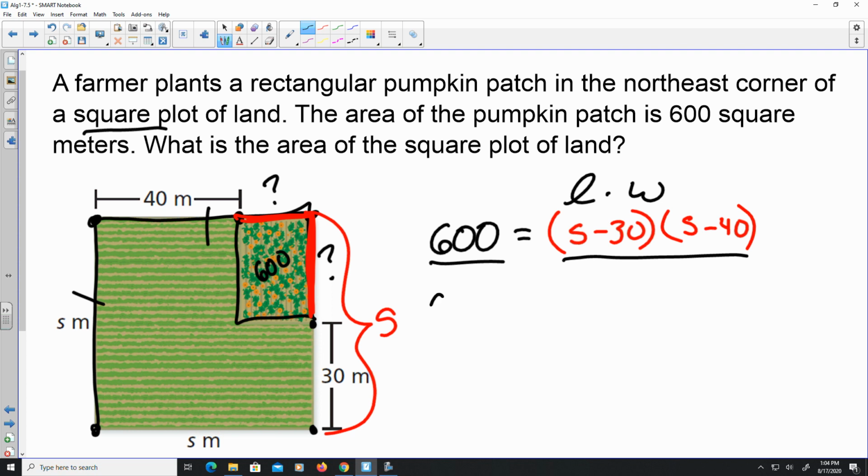So I'm going to leave it as 600 equal to, when I FOIL this out, S squared minus 70S, because 30 and 40 give me 70S, plus 30 times 40, and negative times negative is positive, that's why it's a plus, so it's going to be 1200.